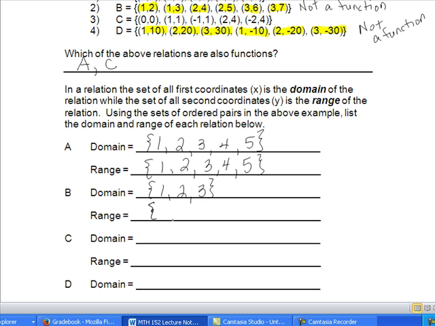Okay, in C we have another function. It's a relation and a function. We have 0, 1, -1, 2, and -2. Our range is 0, 1, and 4.